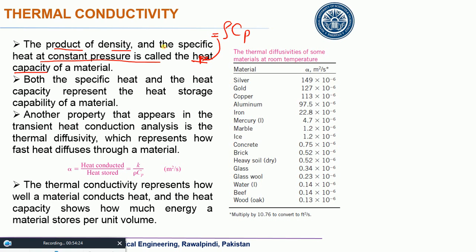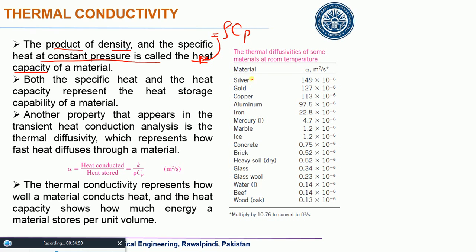Now if you want to see the comparative performance of a system when it comes to storing the heat and conducting the heat, how can you compare whether it is a better conductor or it can be storing the heat in a better way?